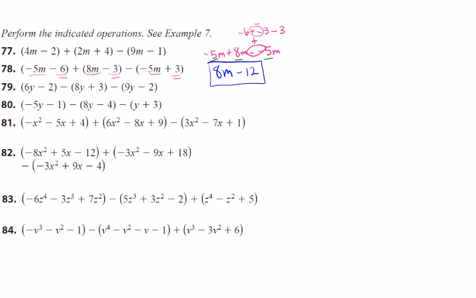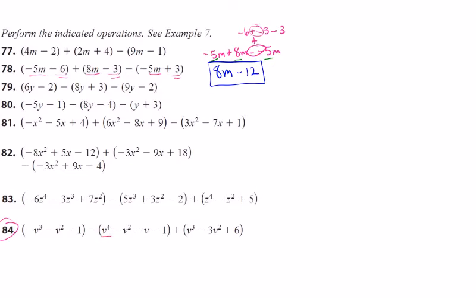So let's move ahead to, let's do number 84. So with 84, I'm going to combine like terms. So I'm going to start with the highest degree. So usually we put that first when we're listing polynomials.